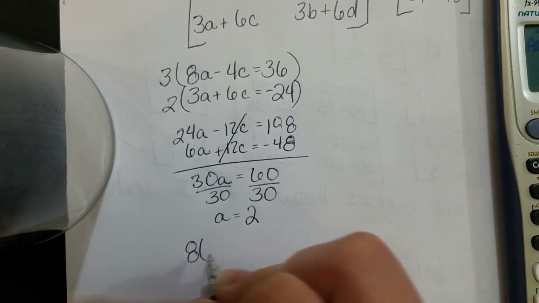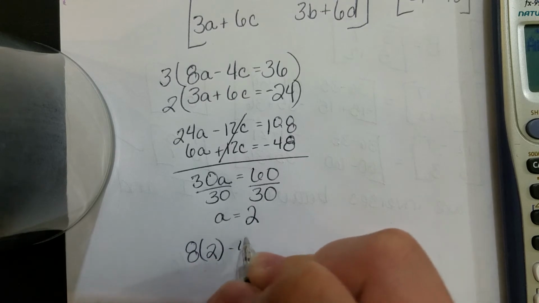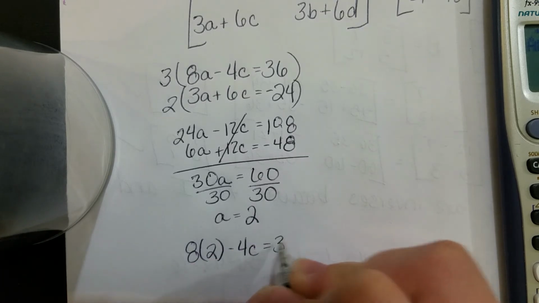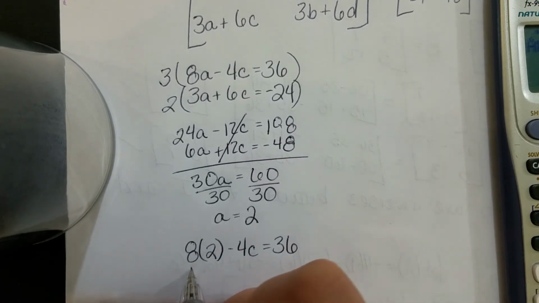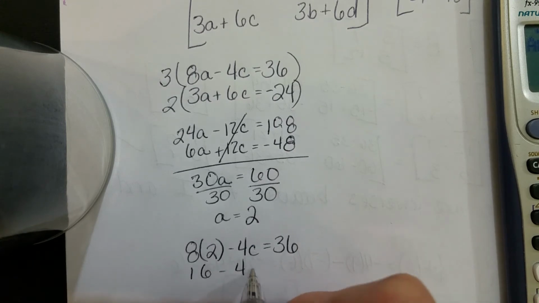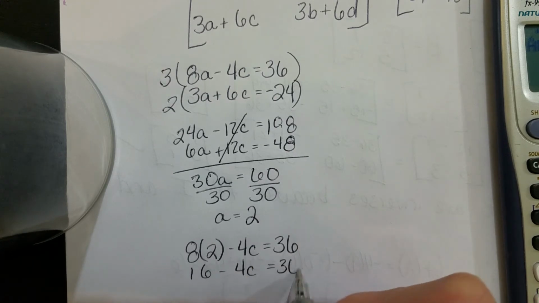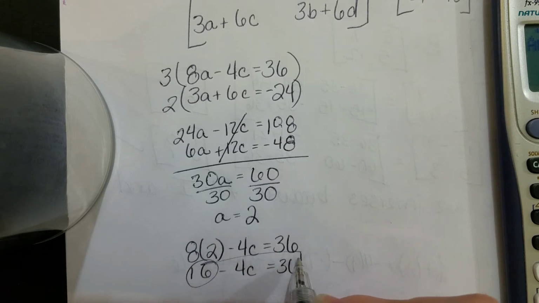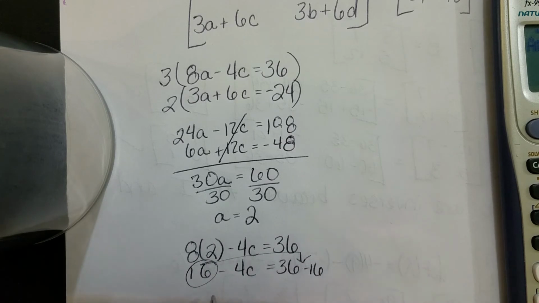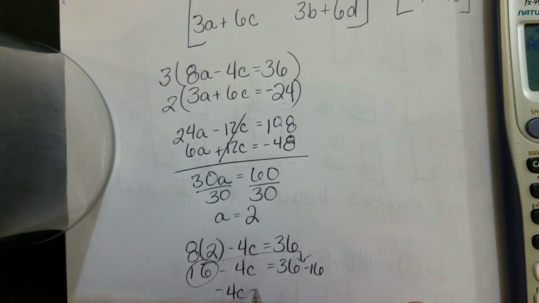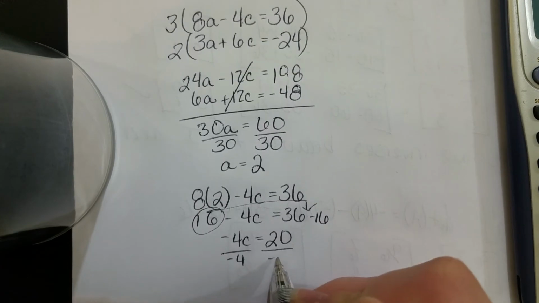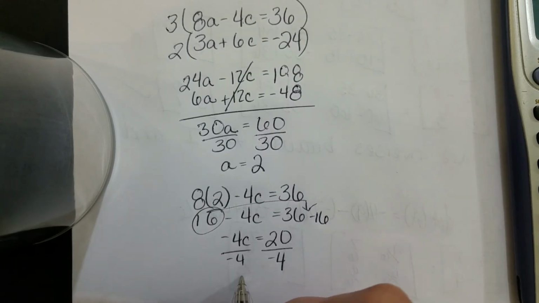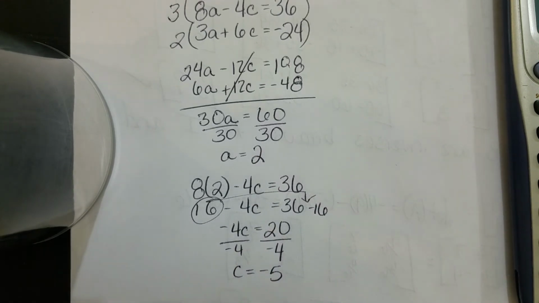I have 8 times 2 minus 4C equals 36. So this is 16 minus 4C equals 36. Move the 16 to the other side. So -4C equals 20. Divide by -4, divide by -4. C equals -5. Okay, so now I have A and C.